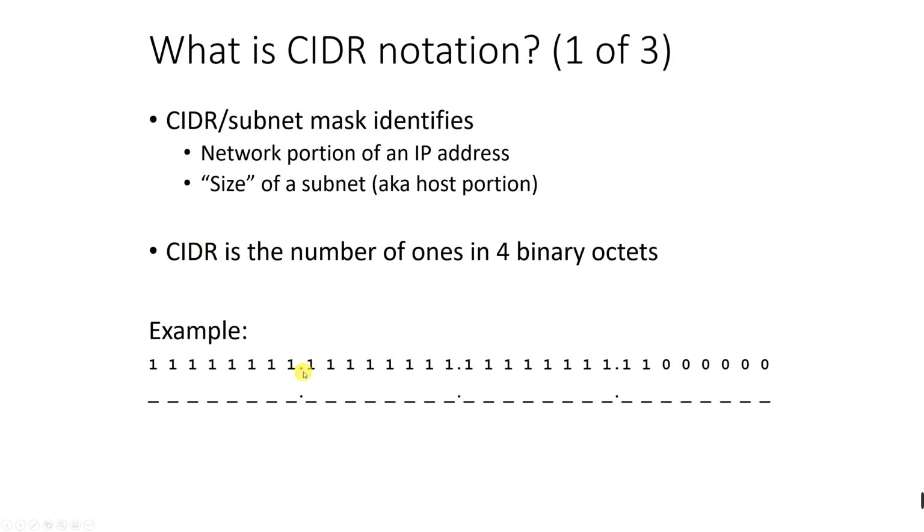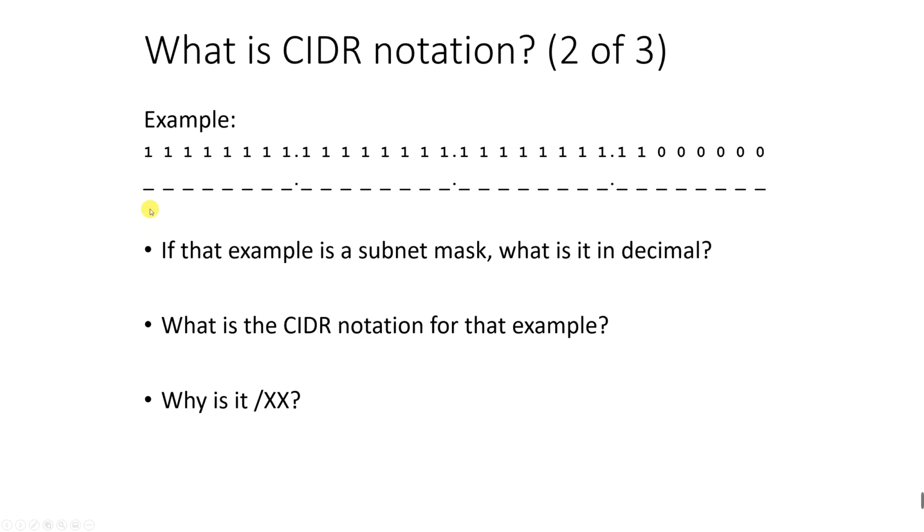So you write an 8 here, 8 here, 8 here, and then 2 more in this octet right here. And then, if you want to convert that to a subnet mask, you simply do your normal binary to decimal number conversion.